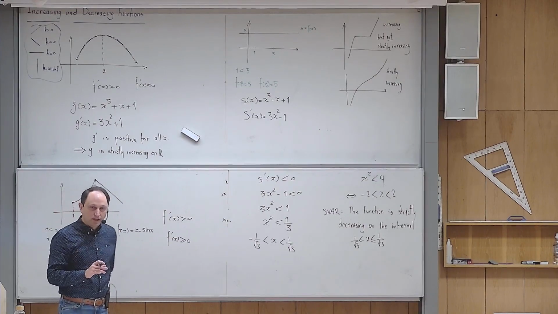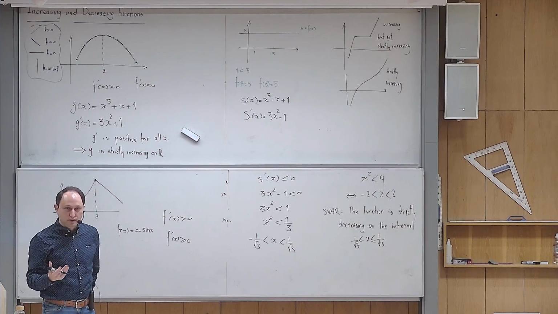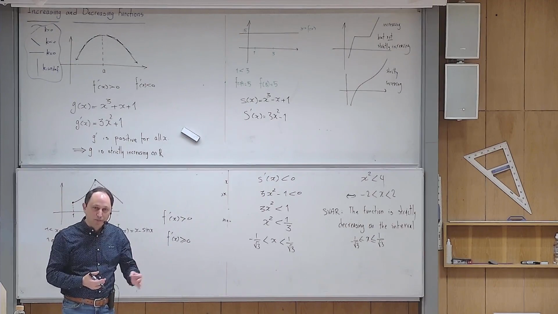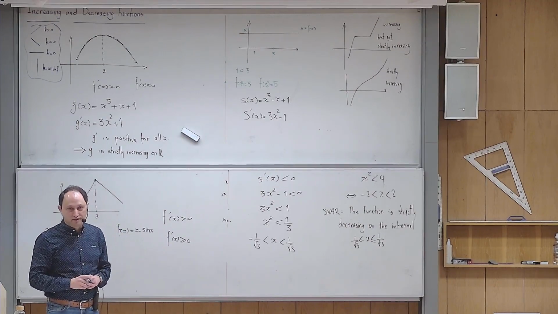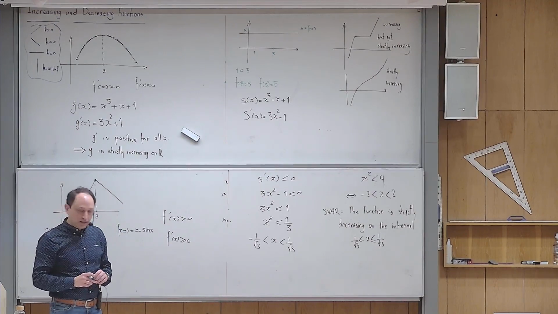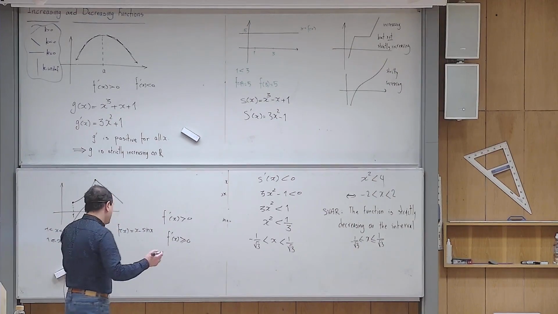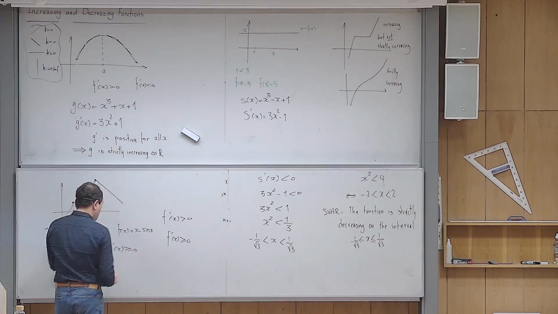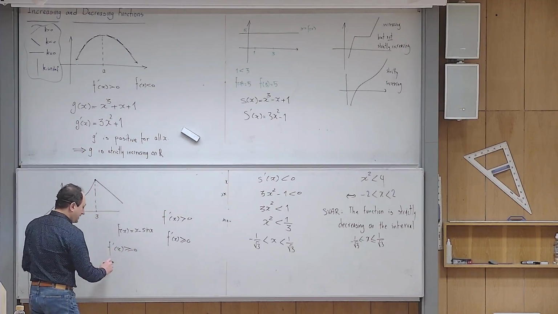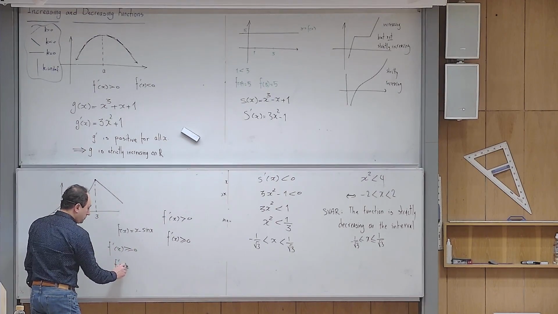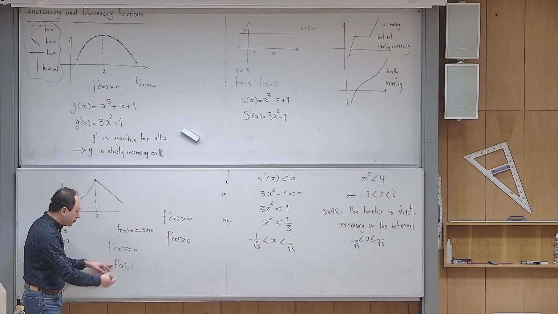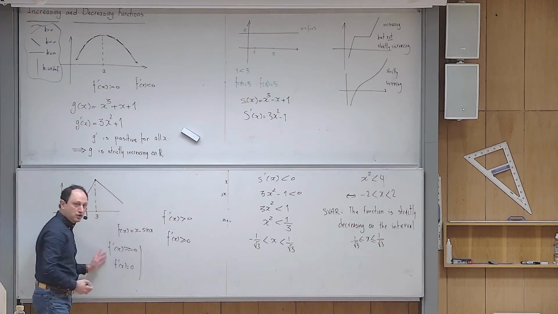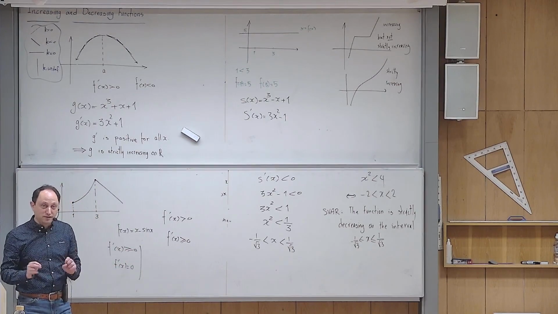For example, one case that is very easy to understand is when the number of times that the derivative becomes 0 is finite. So if f prime of x is greater than or equal to 0, and f prime of x equals 0 only for finitely many values of x, then you can conclude that the function is strictly increasing.